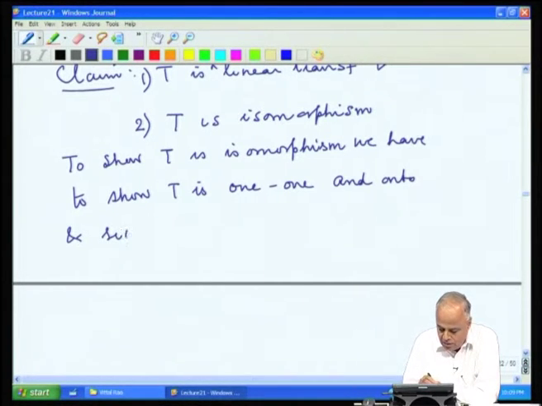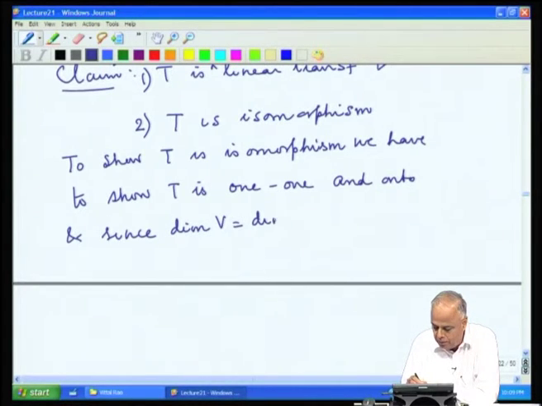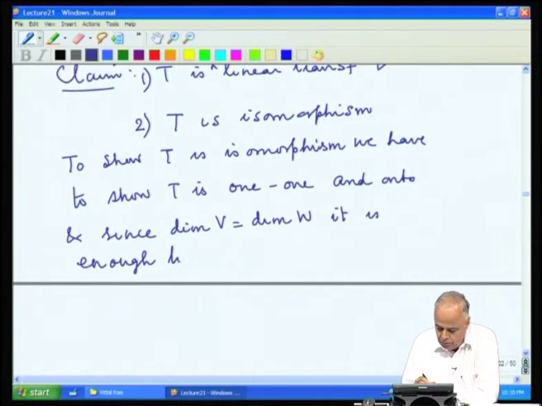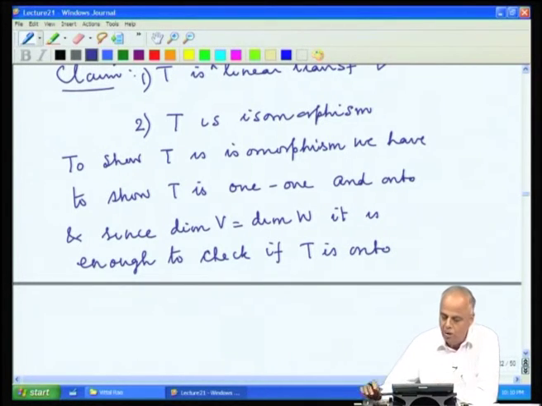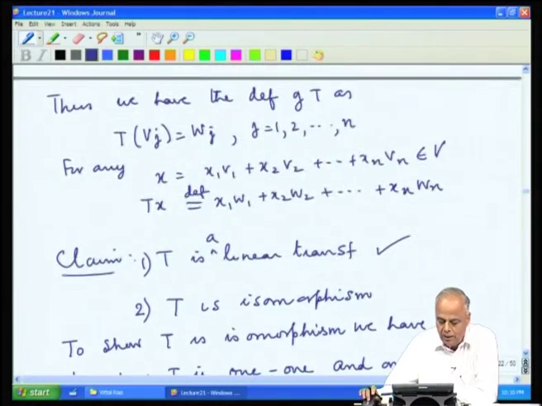And since dimension of V is equal to dimension of W, it is enough to check if T is onto, because the moment it is onto, we know it is going to be 1-1. So, now let us check whether T is onto.